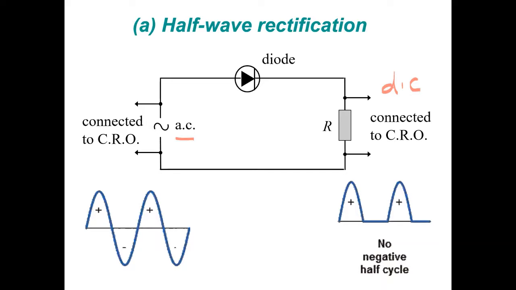We look at the first half of the cycle. When the current flows in this direction, it is forward bias of the diode, so the current can pass through. That's why the resistor will receive the current.